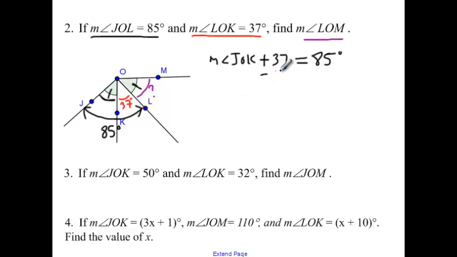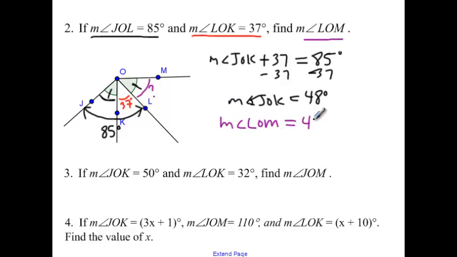If we simply subtract out the 37, then we have the measure of angle JOK, a total of 48 degrees. But our question was angle LOM. What's angle LOM? Well, angle LOM, remember, is congruent to angle JOK. So this is also the measure of angle LOM. 48 degrees.